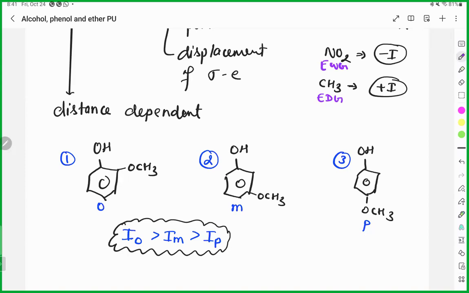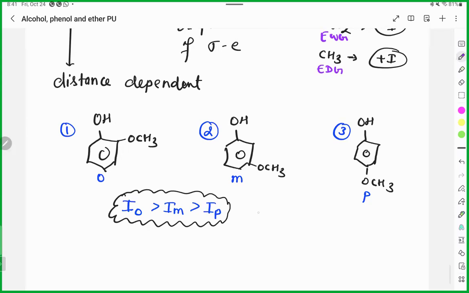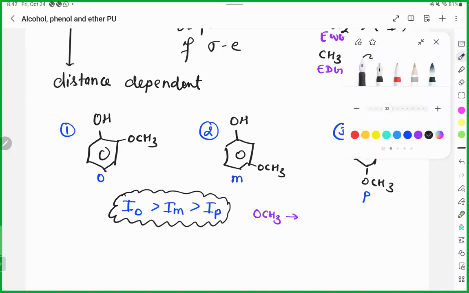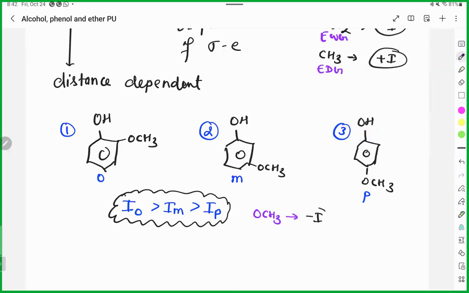Minus I effect. It has a very strong resonance effect, plus M, but minus I. Plus and minus, right? Yes, sir. So because OCH3 has oxygen, and oxygen will withdraw electron from the benzene ring, you will say this group has a minus I effect. Chinmay, any doubt? No, sir.